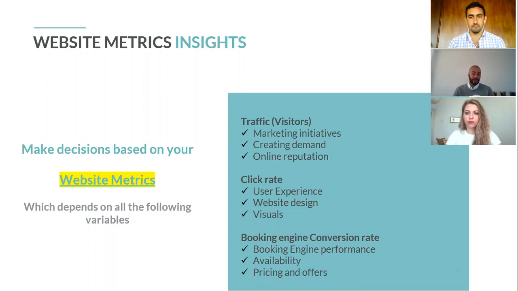And then the last part, from a booking engine perspective, there are so many things that can influence that. So Sabina touched on it previously. The booking engine performance could be just the flow of the booking engine, how the rooms are displayed. If you have too many room categories, and for each room category you have 5-6 different offers, that becomes a very bad user experience.